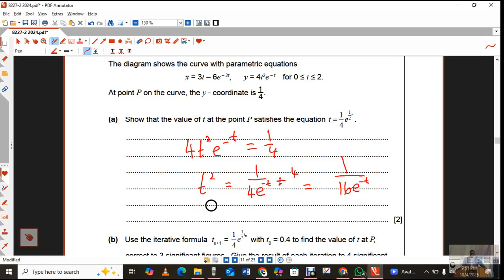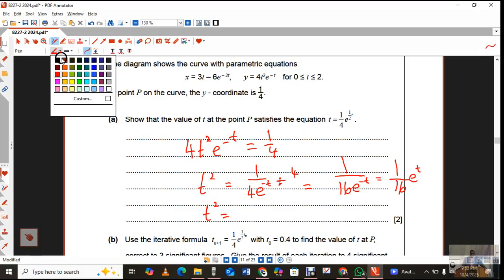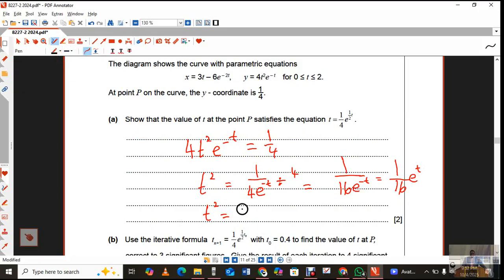Then I do not like that e to the negative t, so I'm going to write it as 1 over 16 e to the t. Now that negative is not there.